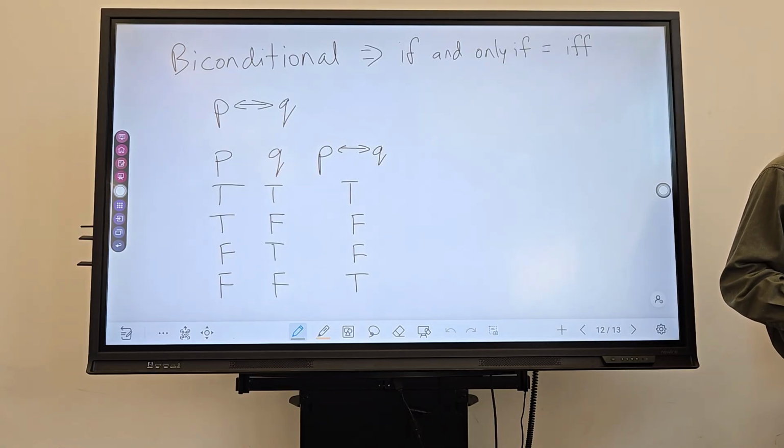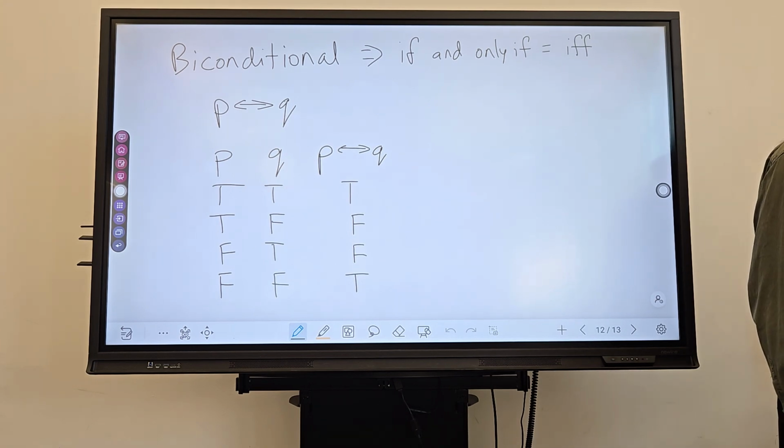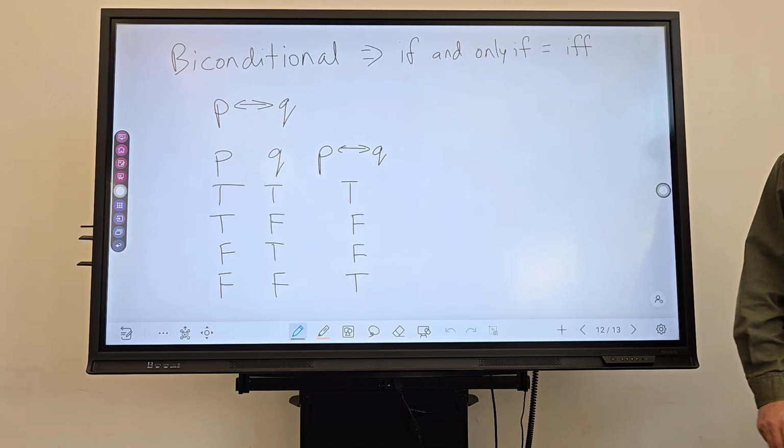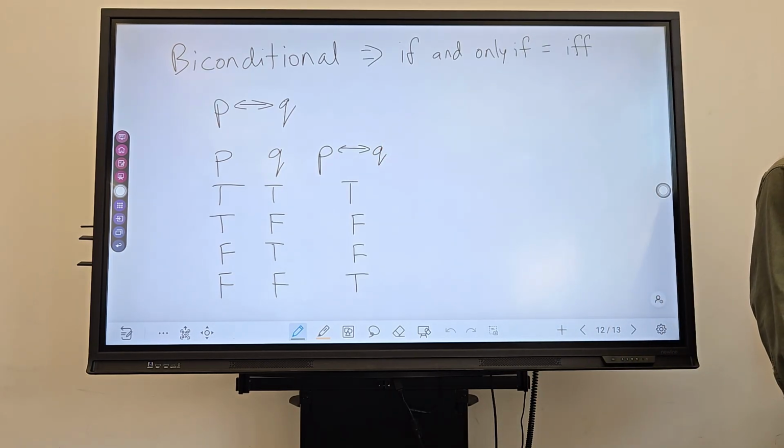So, definition here. Given statement variables P and Q, the biconditional of P and Q is P if and only if Q, denoted by the double arrow here. It is true if both P and Q have the same truth values, and it is false if P and Q have the opposite truth values.